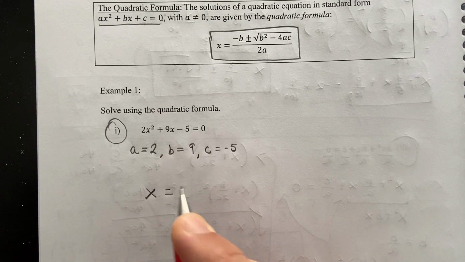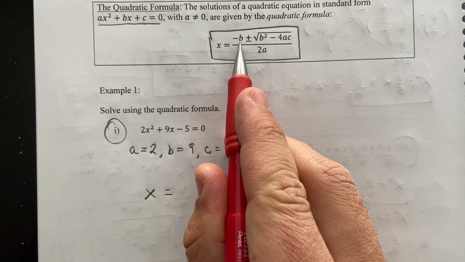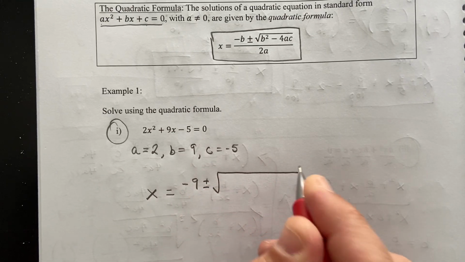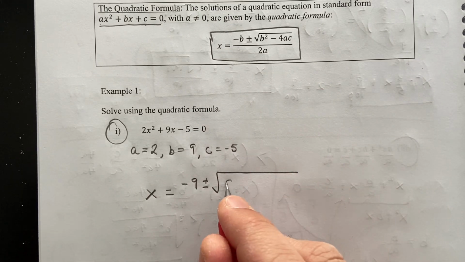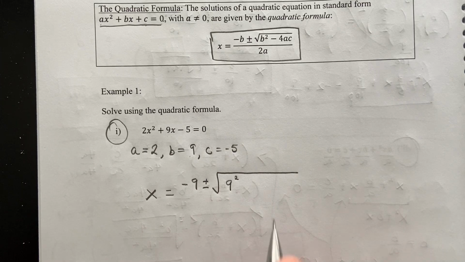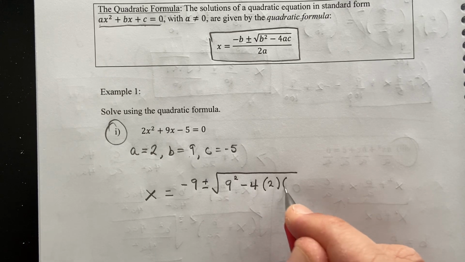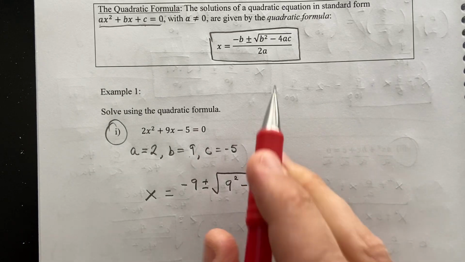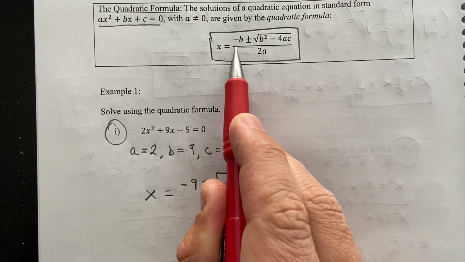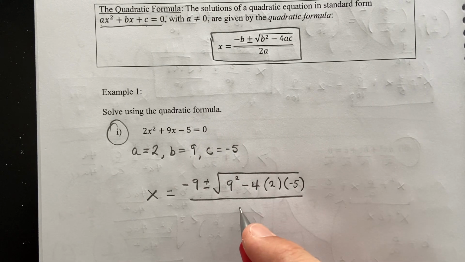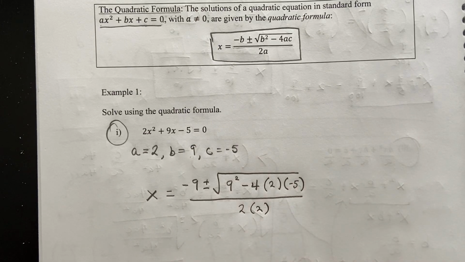So the solution's x should be equal to the opposite of b, so negative b, in this case negative 9, plus and minus the square root of b squared, so 9 squared in this case, minus 4, that 4 is just in the formula, times a times c, and then all over, so notice this fraction bar goes all the way under negative b. So everything over 2 times a, in other words, 2 times 2 in this case. And now it's just a matter of simplifying this. And we have our solutions.